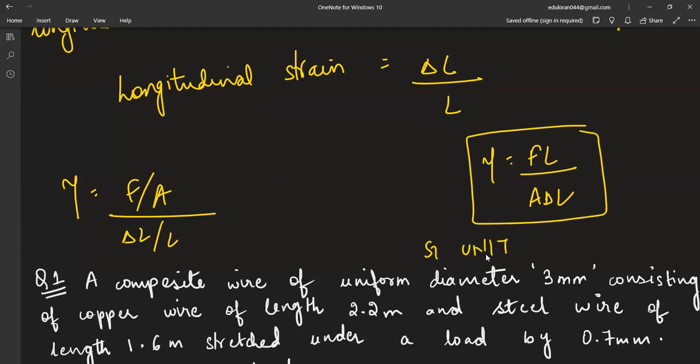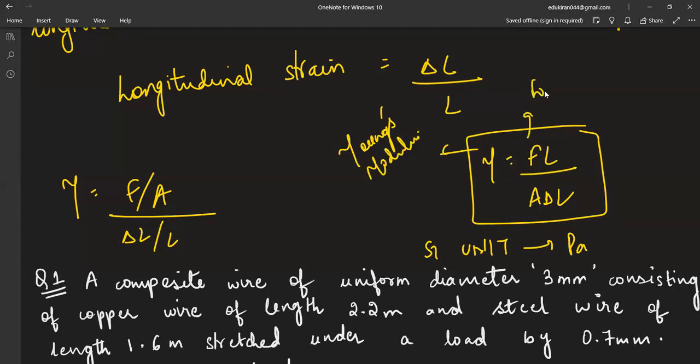Can you tell me the SI unit for Young's modulus, Harsha? Pascal. Pascals, right? Because force per unit area has the SI unit of Pascal, and delta L by L is unitless. So what all things do we have from here? This is Young's modulus.